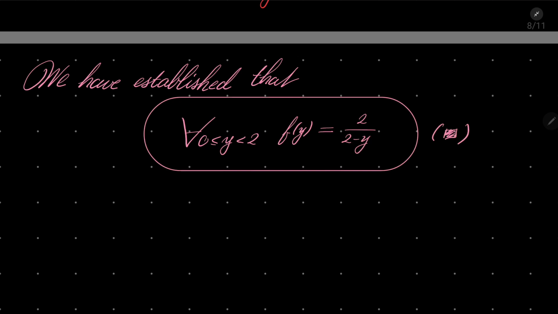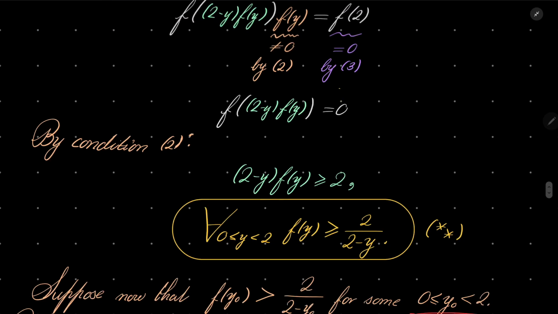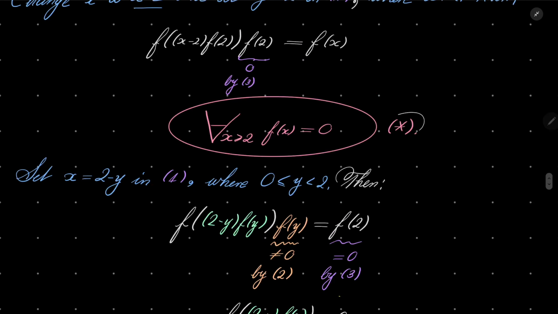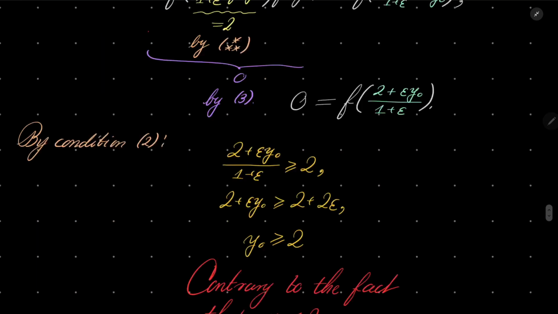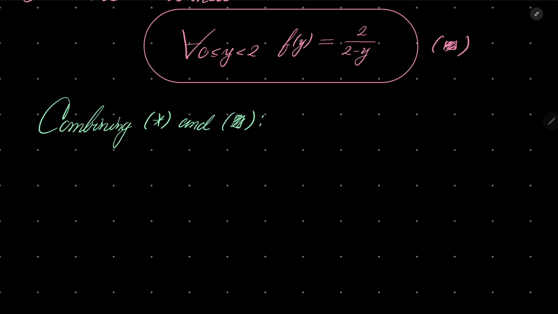So now I will combine this equation with the previous fact, which I marked single asterisk, that for every x greater than or equal to 2, f of x is 0. So combining single asterisk and square, we have the following.